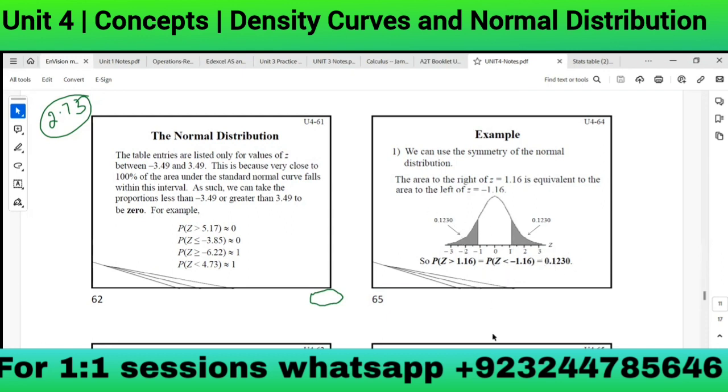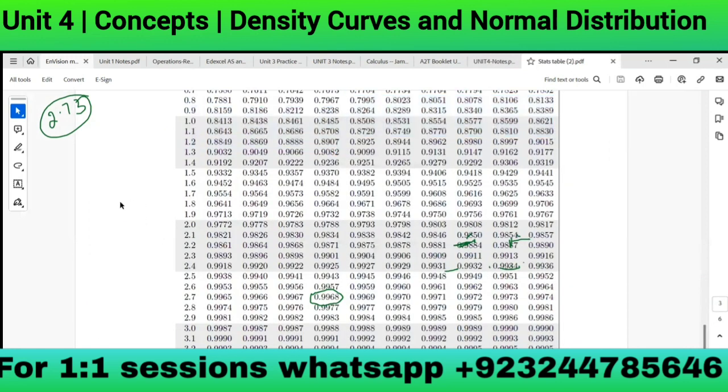If this is 1.16, the area to the right of this should be equal to the area to the left of the negative one. These two areas should be equal. So we cannot find this one directly, but we will go for this one: the area Z less than minus 1.16.